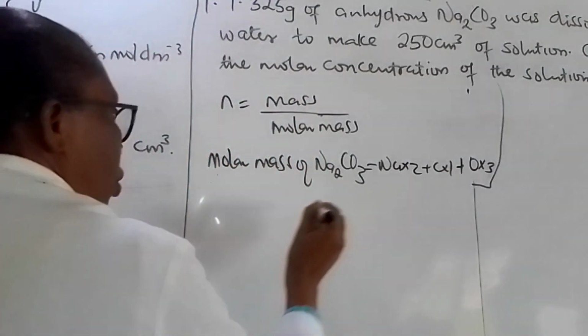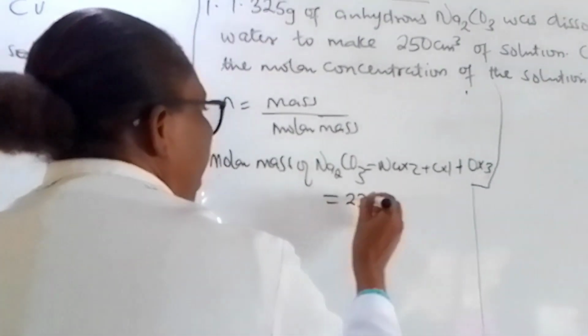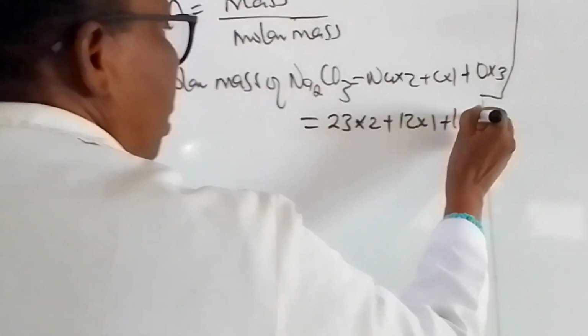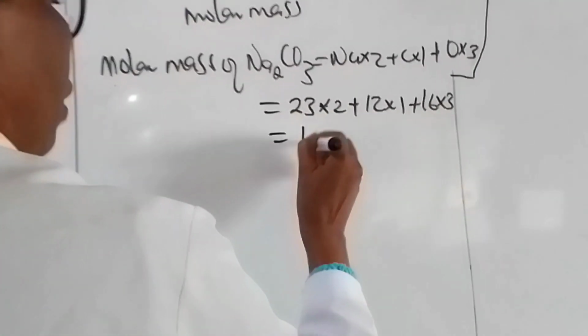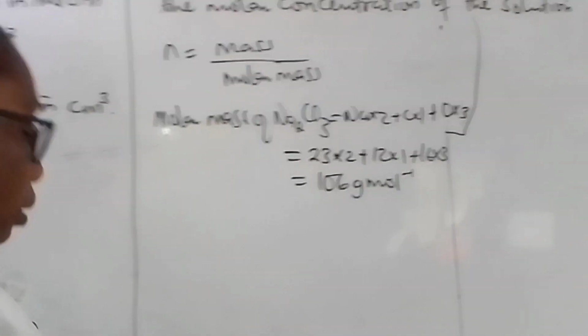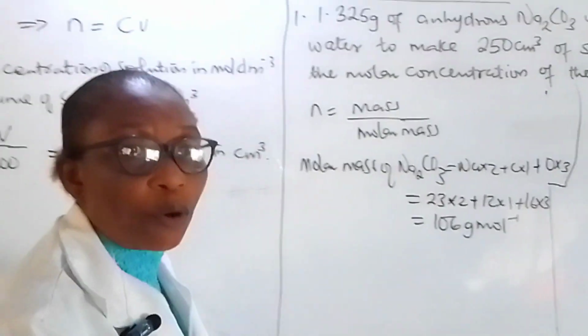So we now have 23 times 2 plus 12 times 1 plus 16 times 3, and that will give us 106 gram per mole. That's the molar mass of sodium trioxocarbonate 4.